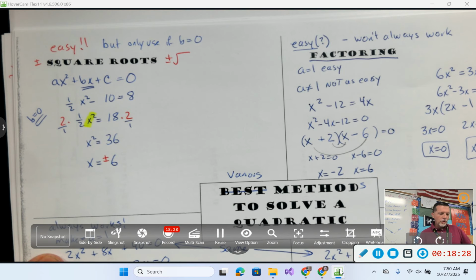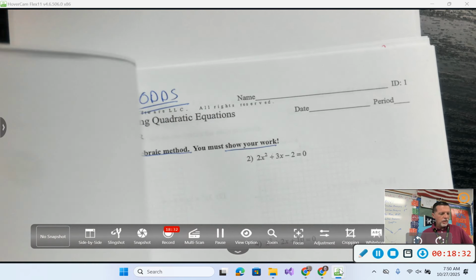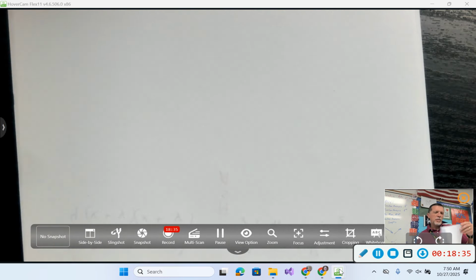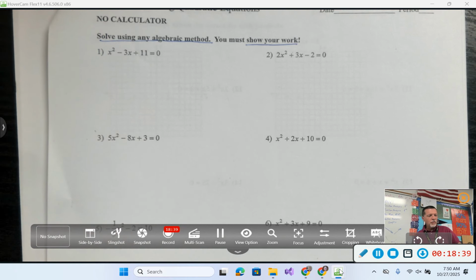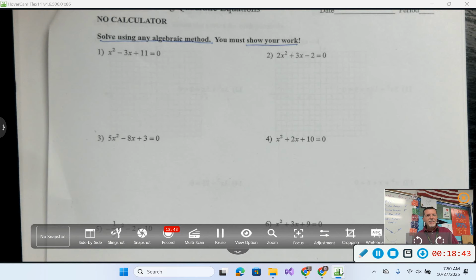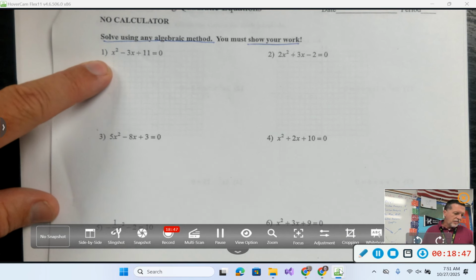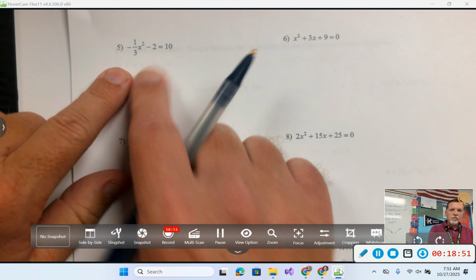I could answer your question a slightly different way. If you really don't mind using the quadratic formula, most people don't really like complete the square, but that means you could use quadratic formula or complete the square on every one of these. That'd be kind of annoying, especially, let's see, number 1 doesn't factor. Number 5, that could use the square root method.